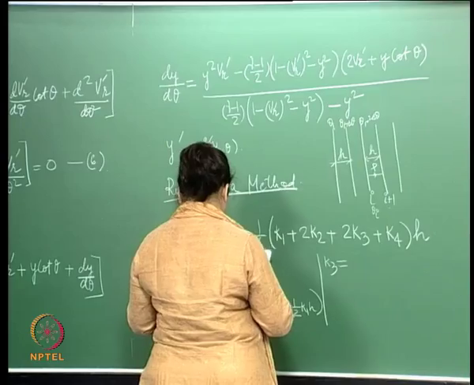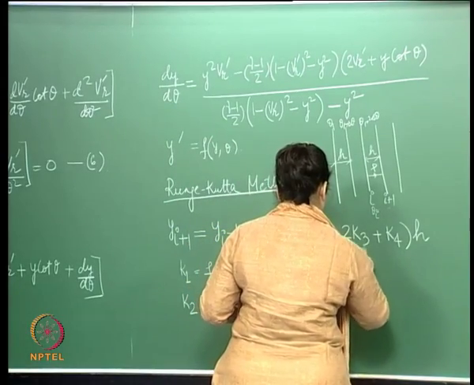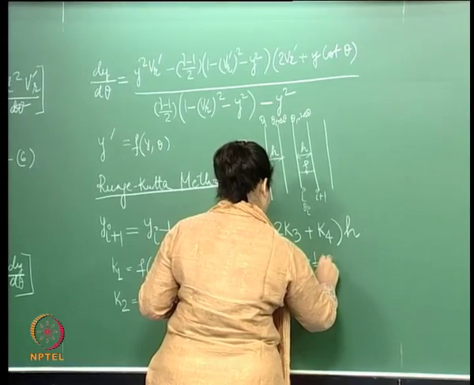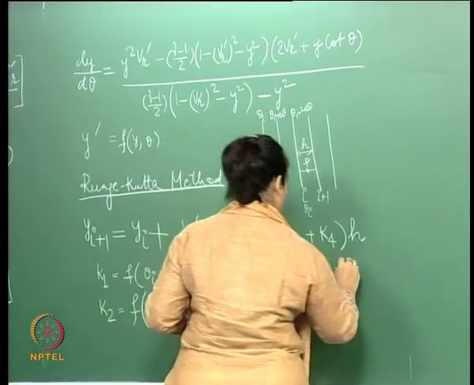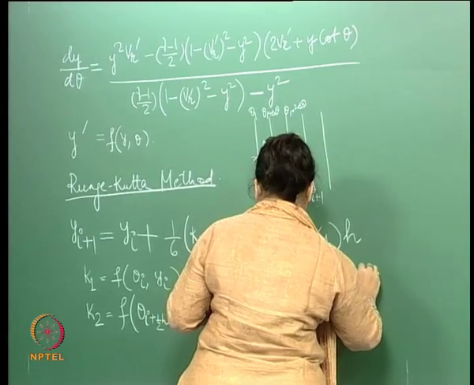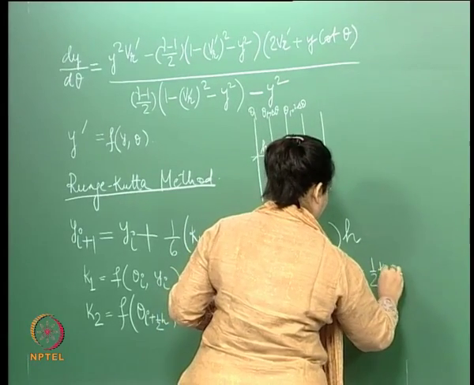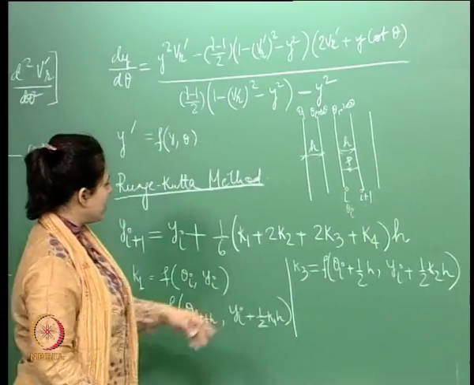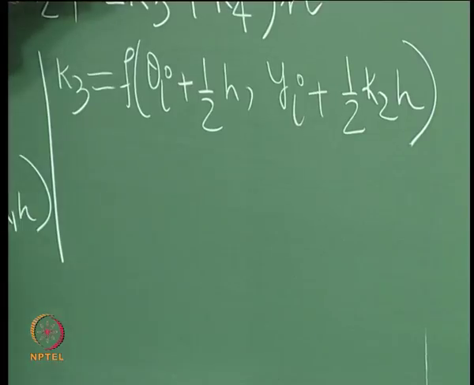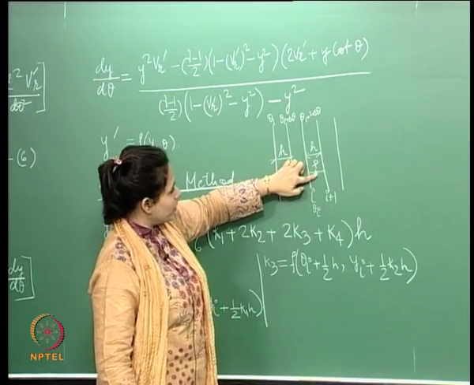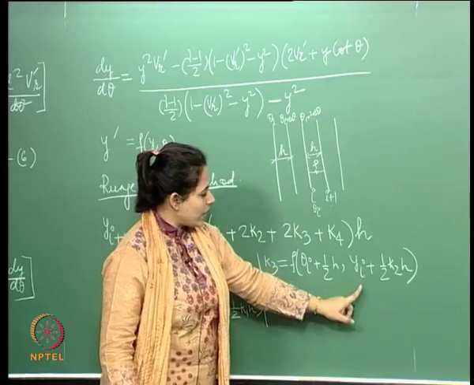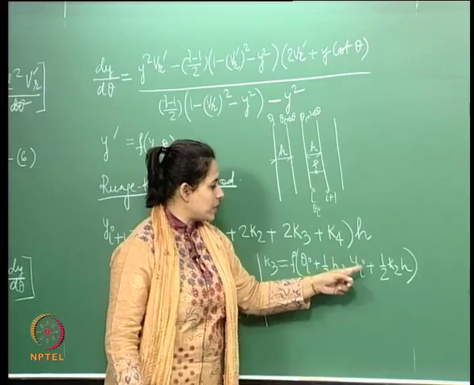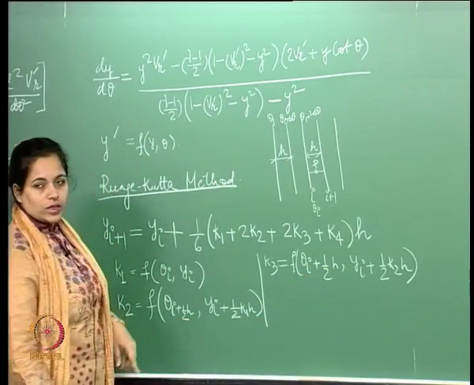K 3 is equal to... similarly, k 3 is again theta I plus half h, but the y part is y I plus half of k 2 into h.